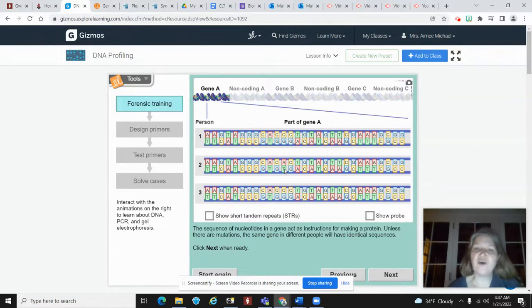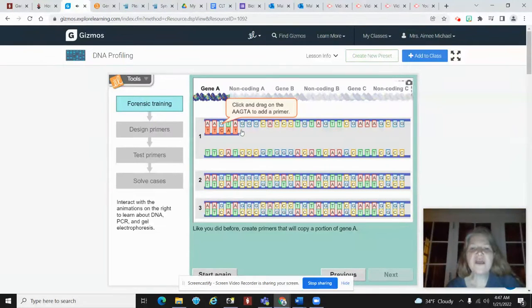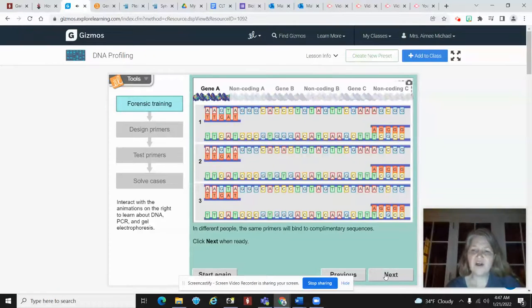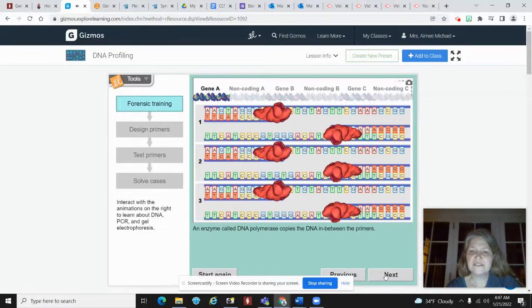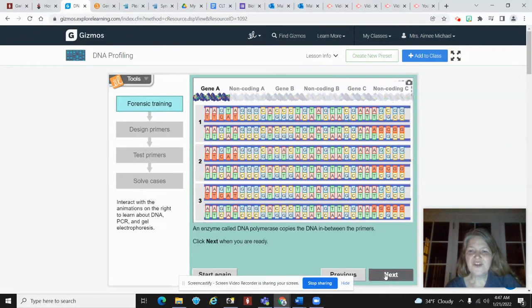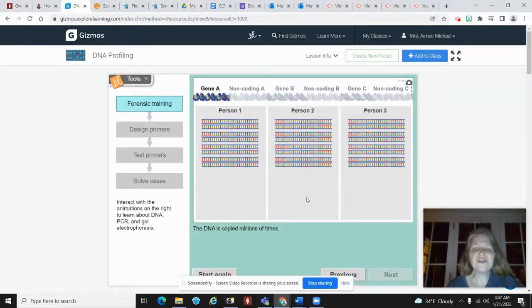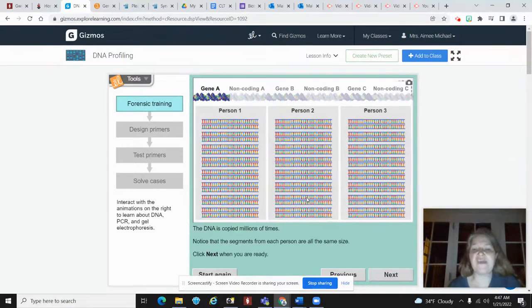But looking at the coding regions of the DNA, you don't have any short tandem repeats. You don't have the different lengths. So if we were to go through the process of using the primer and copying the DNA on all three of these strands, you're not going to have a notable difference. If we look at this from afar, they all have the same length.